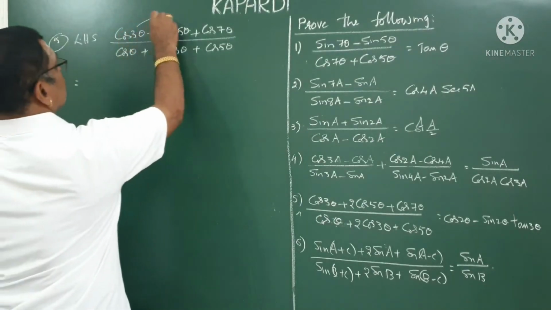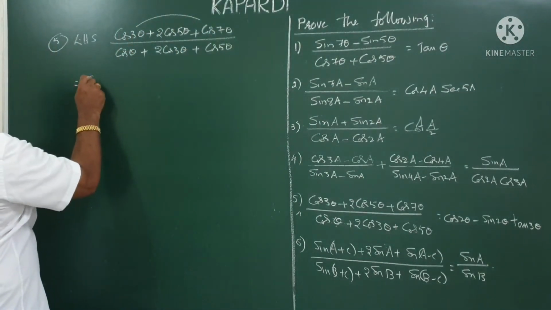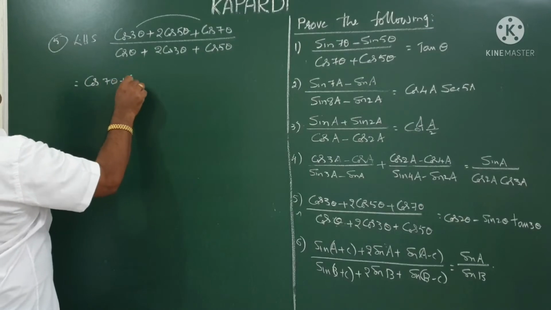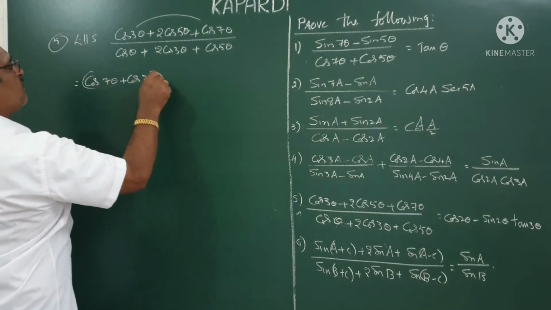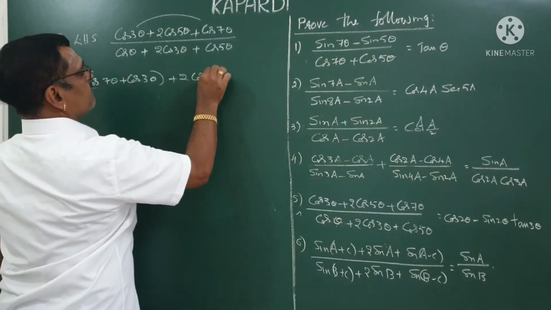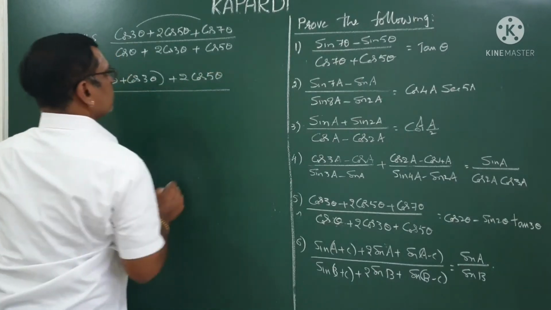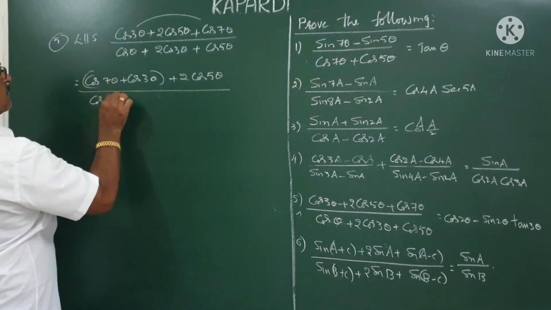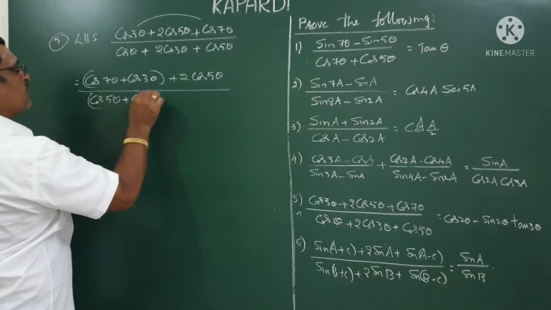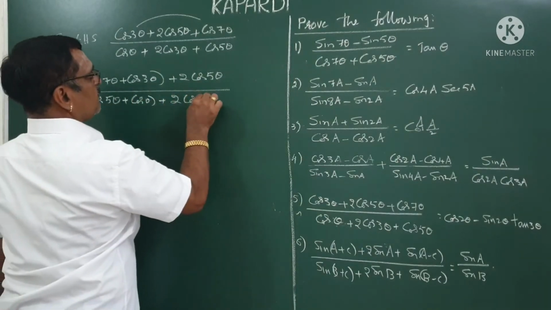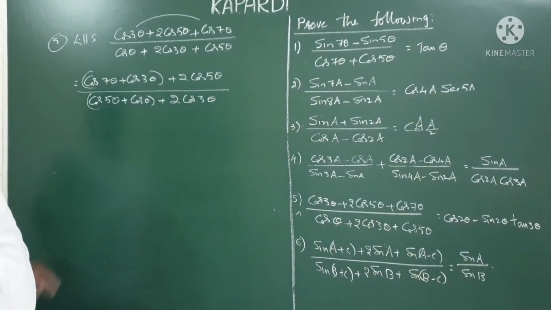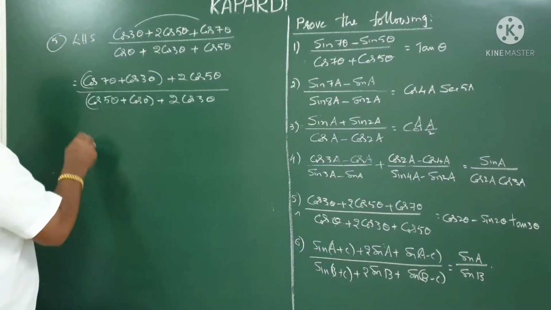I will take these two as one group in the numerator. So this is cos 7 theta, cos 3 theta is one group, plus remaining 2 cos 5 theta as it is by, here also cos 5 theta plus cos theta as one group and 2 cos 3 theta is another term.